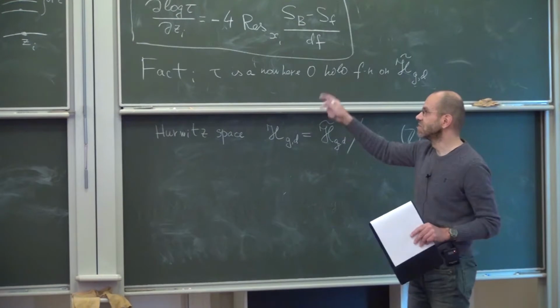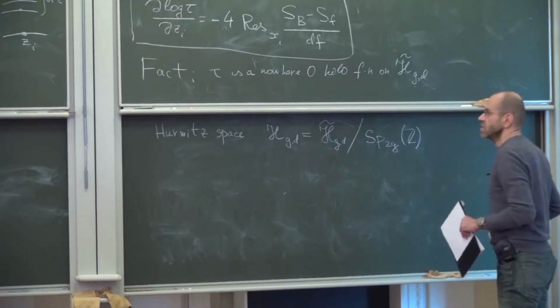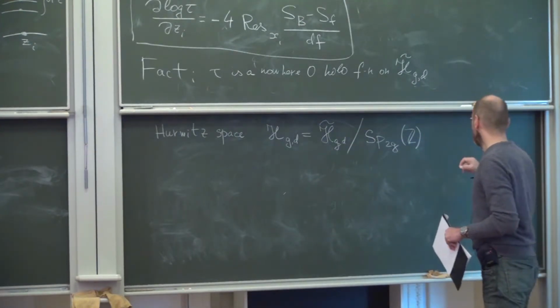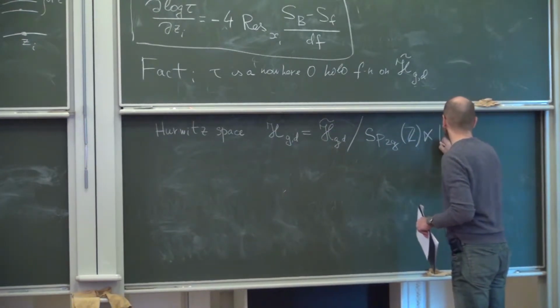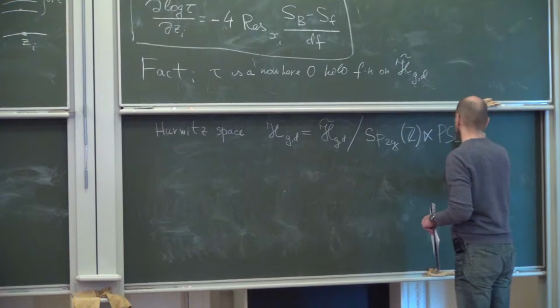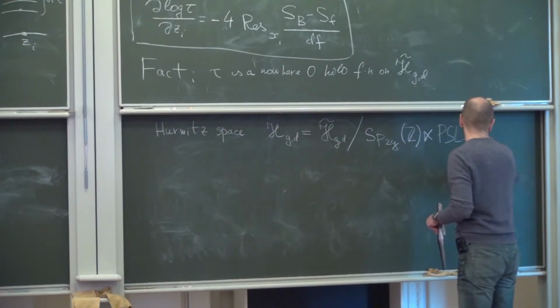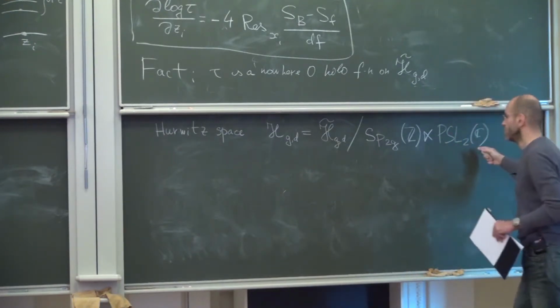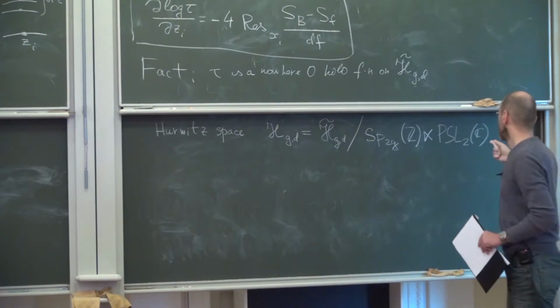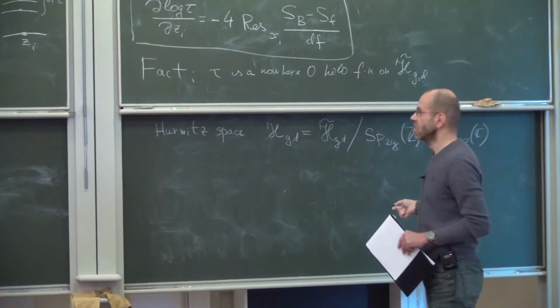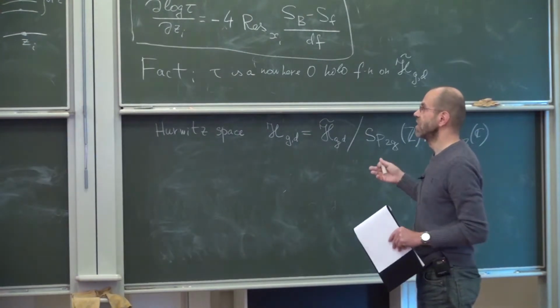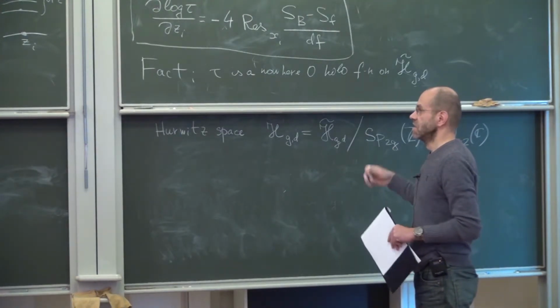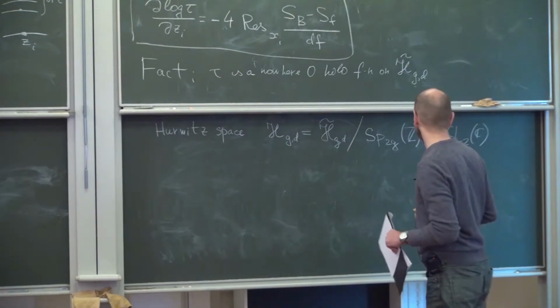So we want to get rid of this restriction. And the other group is just PSL(2,C), and that's the group of automorphisms of the projective line. So now we identify functions that differ by a linear fractional transformation.